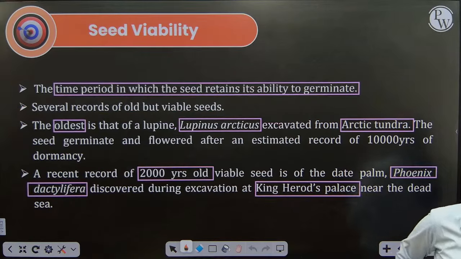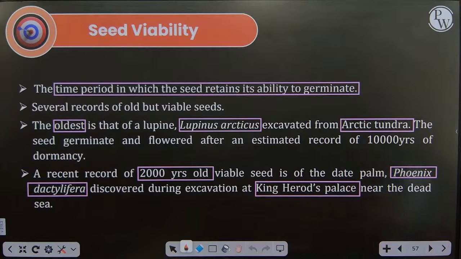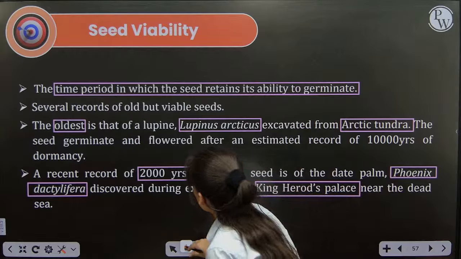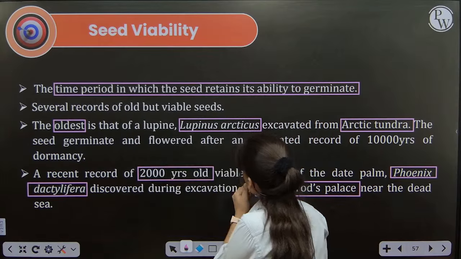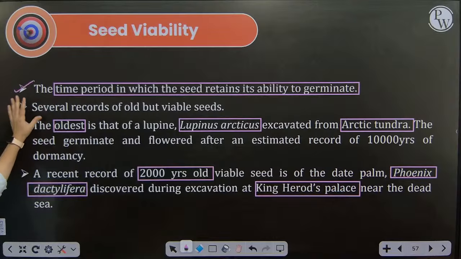Now seed viability. Seed viability is the time period in which a seed retains its ability to germinate.